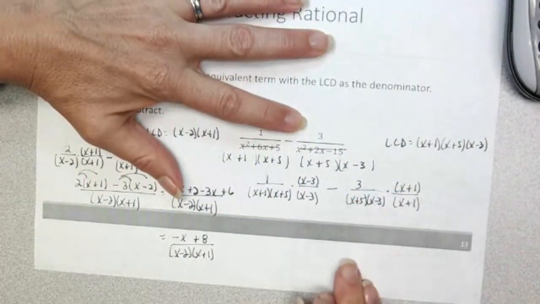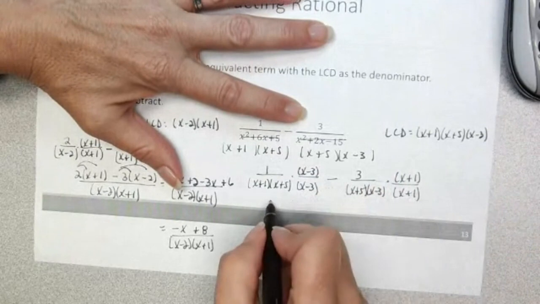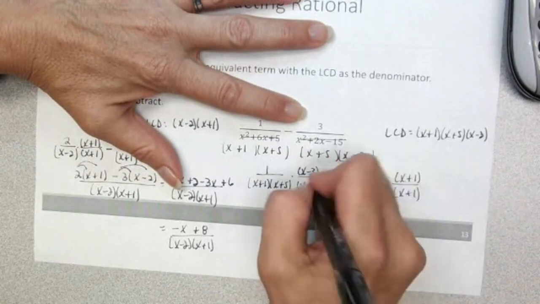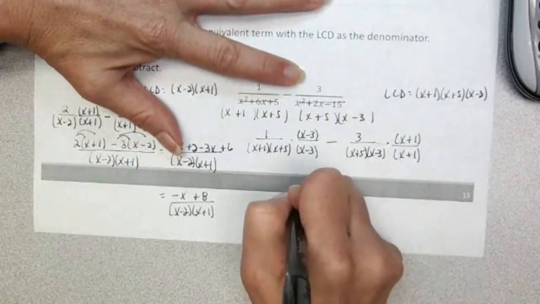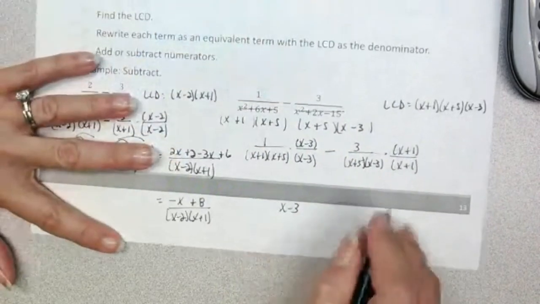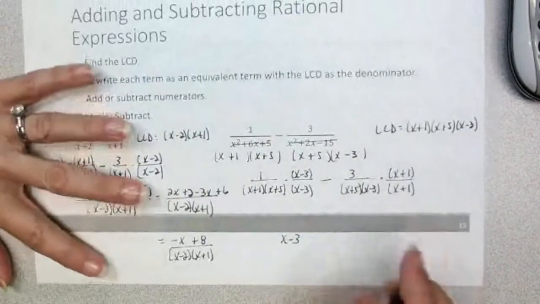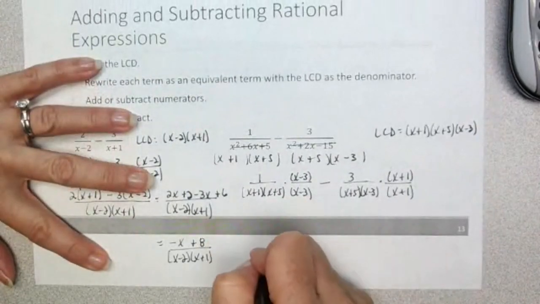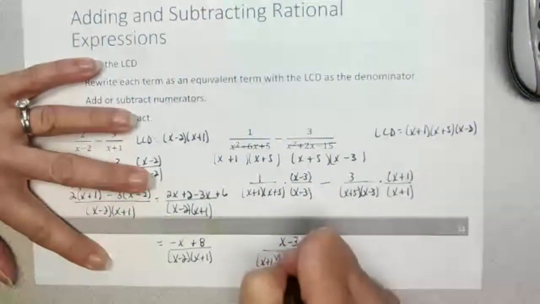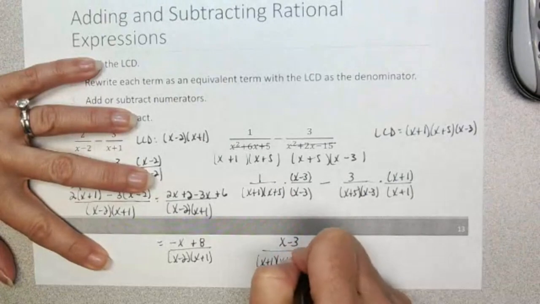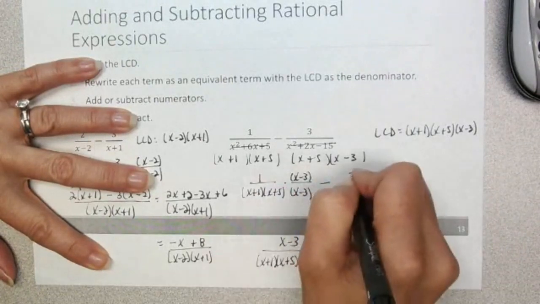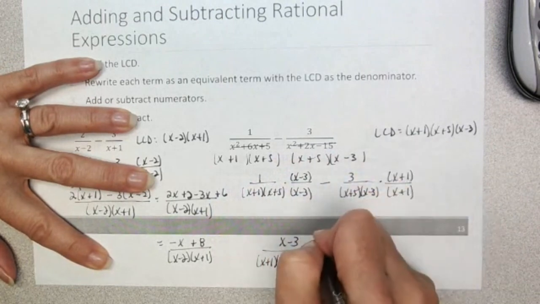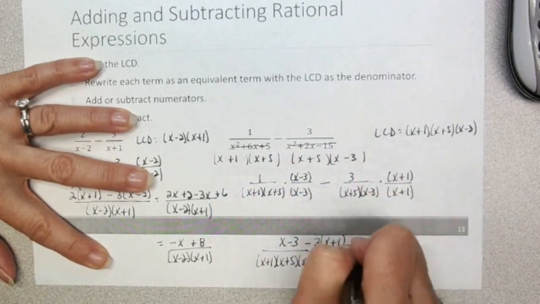All right, now let's see, we can rewrite those. 1 times x minus 3 is just x minus 3. Let's go down here. X minus 3 over x plus 1 times x plus 5 times x minus 3. So that's x minus 3 minus 3 times x plus 1.